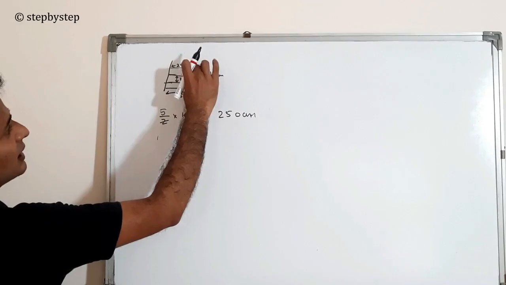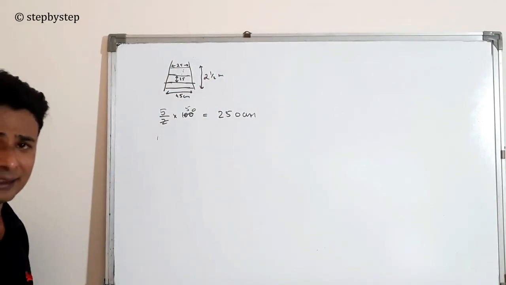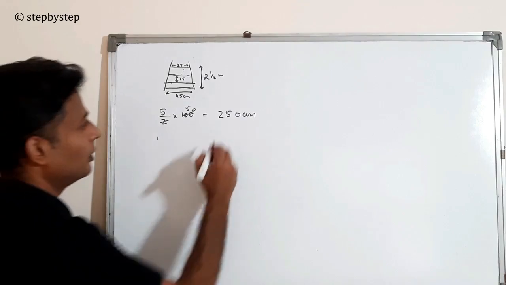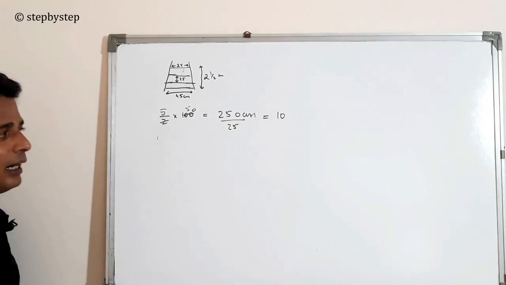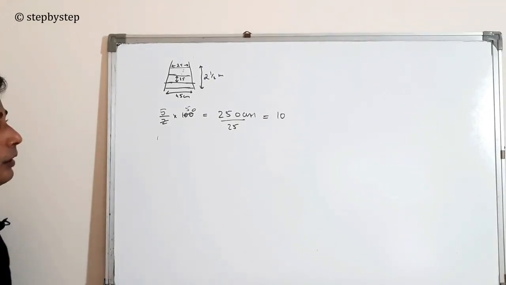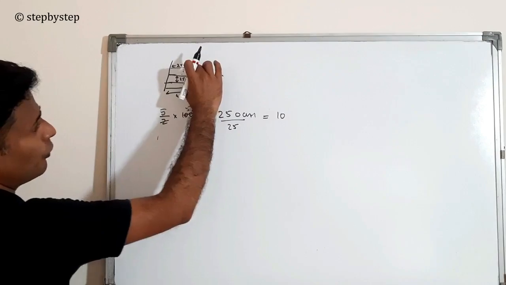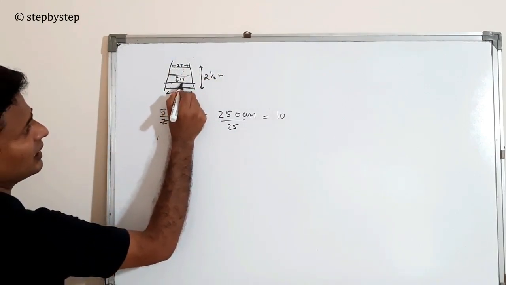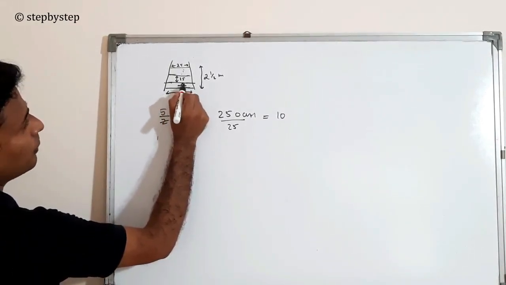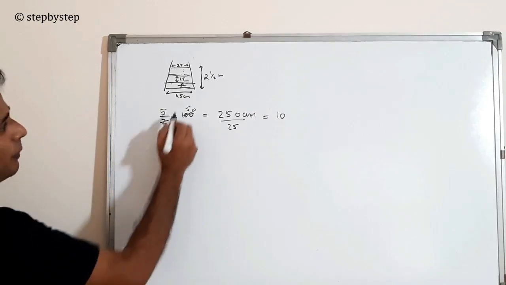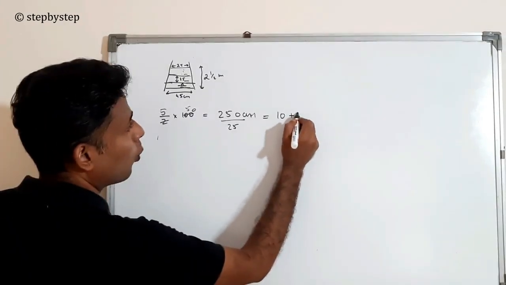So this is the total distance from here to here, and each rung is 25 centimeters apart. So I'll divide this by 25, so I get 10. So do I get 10 rungs? See, when I am dividing 250 by 25, what I am getting is the number of spaces between the rungs, which means we need to add 1.